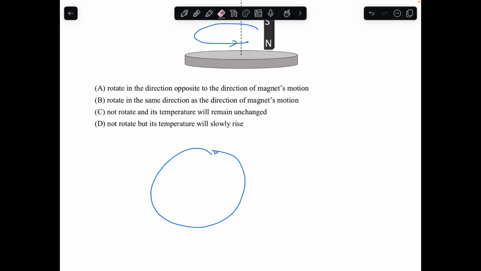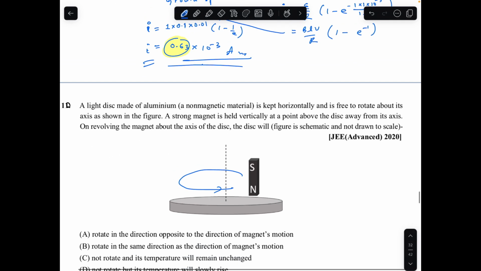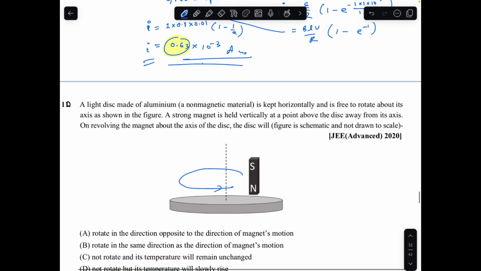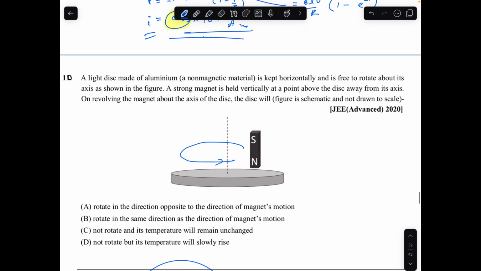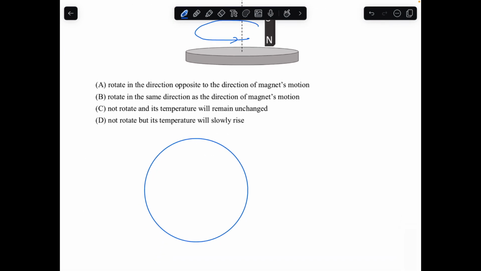See, the condition is here there is a disk, aluminium conductor. Now because of the magnet, there will be a magnetic field, not pole, going into the plane like this. Now, this is due to the magnet. When this magnet is rotated about this disk, what will happen? The magnetic field will change.